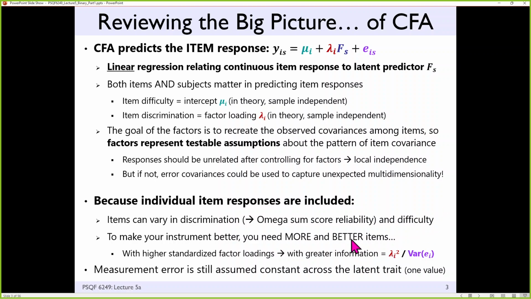And because we still have this idea of constant reliability, constant information, a new term that we're going to be dealing with more, that means that error is considered constant. So we're assuming that everybody is equally well measured no matter where they are on the trait in these models. And that is probably not going to be the case, especially when your items aren't really continuous. Okay, there. Questions or comments about CFA?